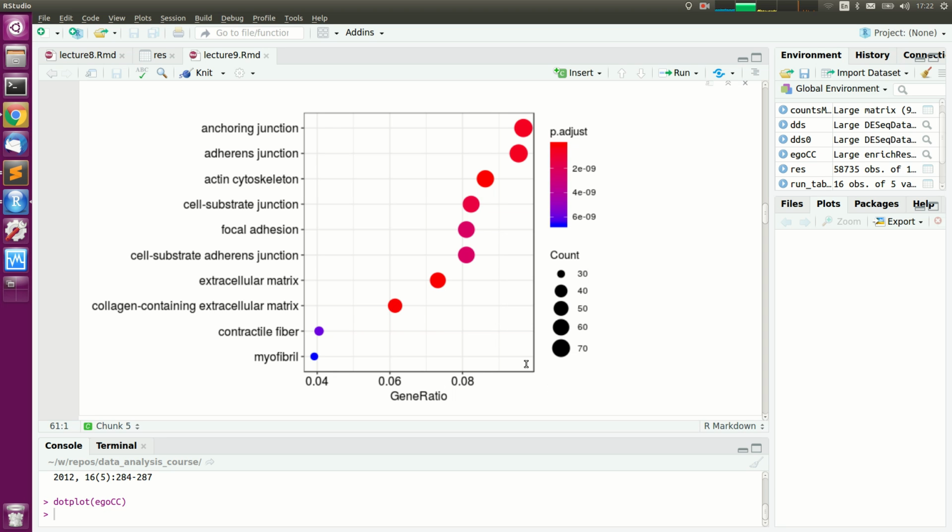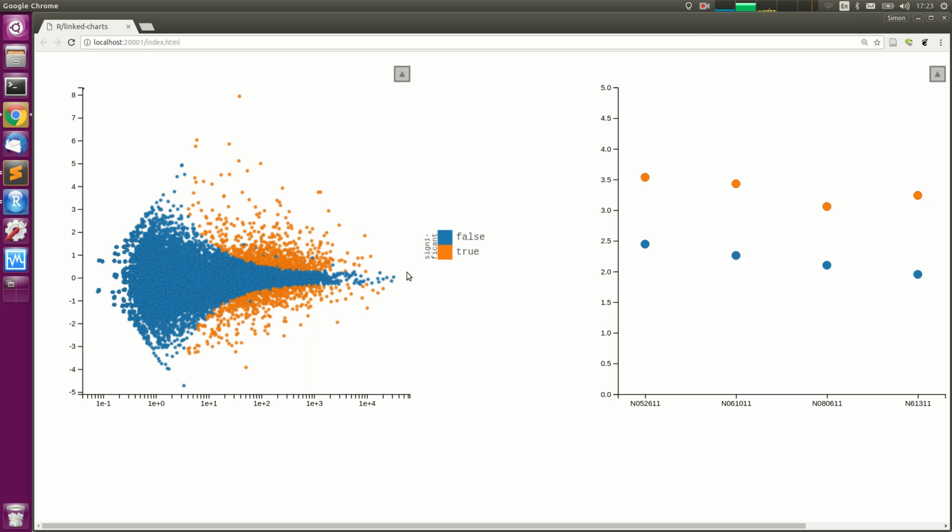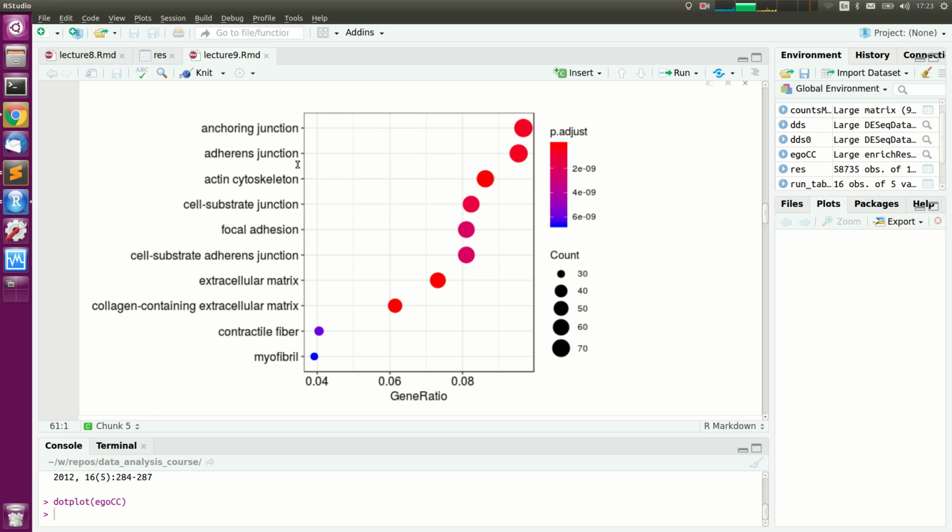So 12% of our genes, of our orange dots here, 12% of these orange dots are annotated to be part of the cellular component anchoring junction, and this seems to be much more than we have in theory, than we have in the whole genome, and hence this is considered to be highly significant.